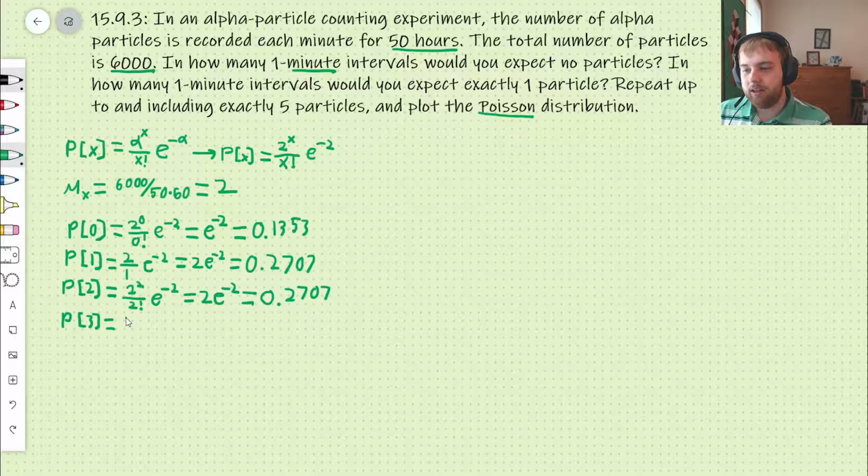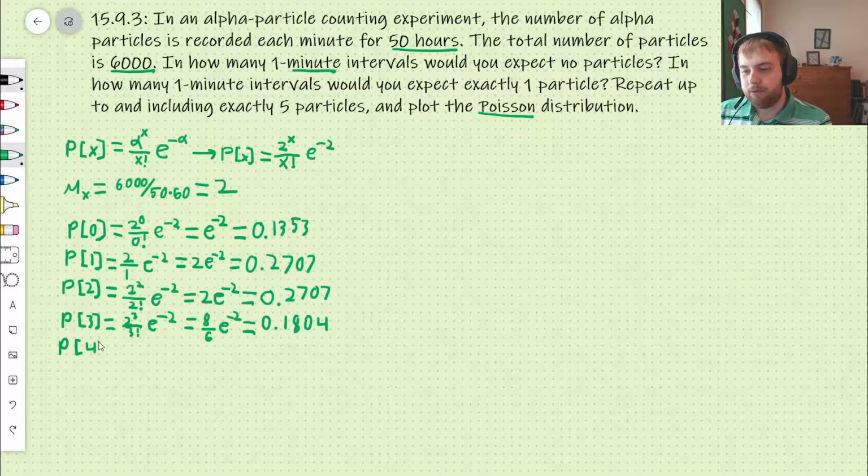That's going to be 2 to the 3 over 3 factorial, that's going to be 8 over 6, which is going to be equal to this decimal value.